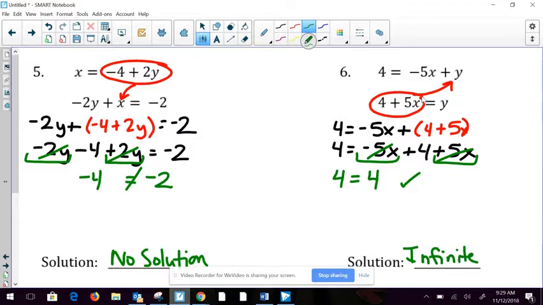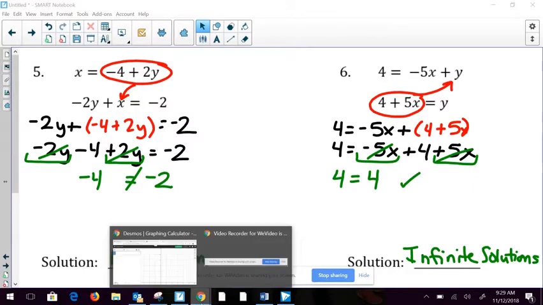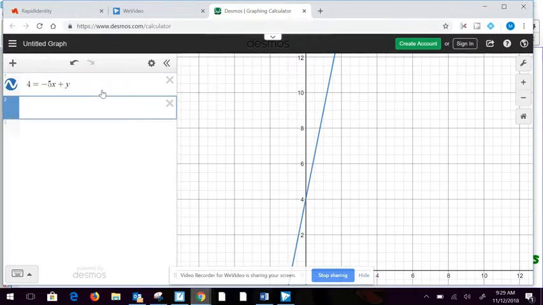There's infinite solutions. And what does that look like graphically? That's the big question. What is this going to look like on a graph? So we're going to go back to decimals one additional time to see what this looks like. So when I type in my first equation, 4 is equal to negative 5x plus y. Notice my line is blue.